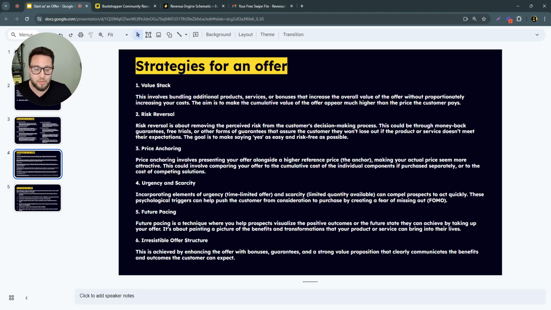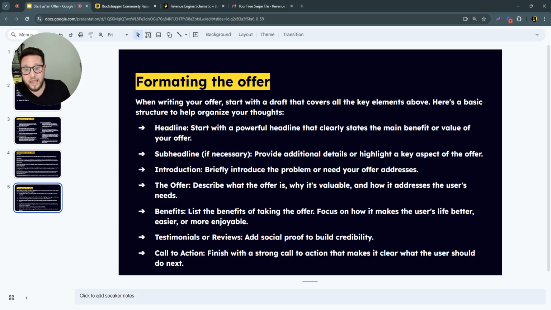Create that grand slam offer where you ultimately achieve the goal of making somebody feel foolish for saying no. If you can do that, then hopefully you win this game of marketing, which converts into profitable sales for you, right? From a formatting-the-offer perspective, the structure and then the strategies combined equals the formatting of the pipes for how you're going to actually create this and then do it, right?